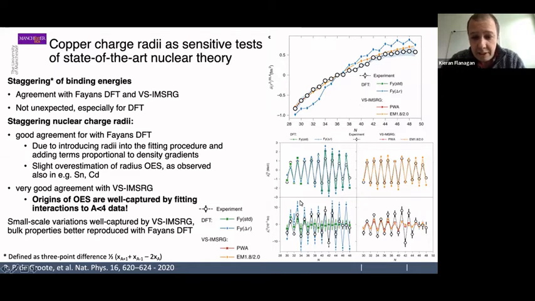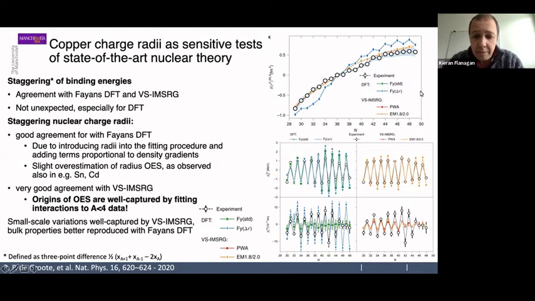The DFT calculations did very well at reproducing the overall trend in the charge radii, and we see this shown here on the top plot. But also the in-medium SRG calculations reproduce, I would say, remarkably well the change in mean square charge radius as we go from almost one shell closure right the way to the other.